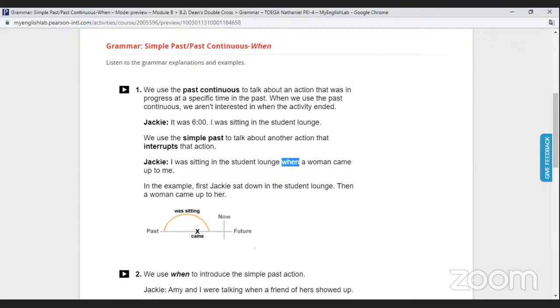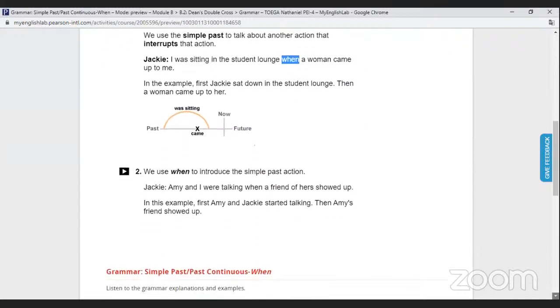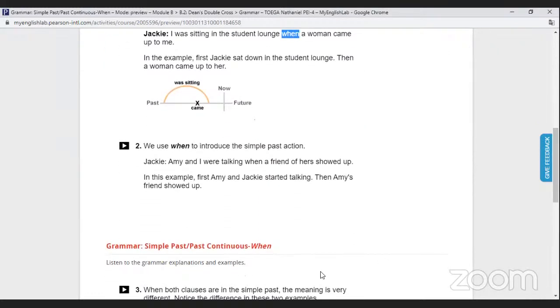So let's continue reading. Number 2, when we use when to introduce the simple past action. Read please, Nathaniel. Amy and I were talking when a friend of hers showed up.